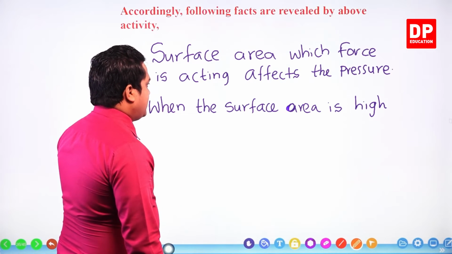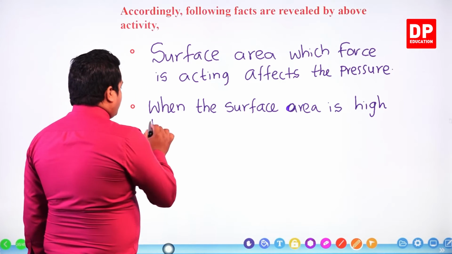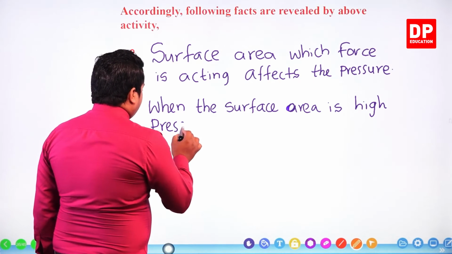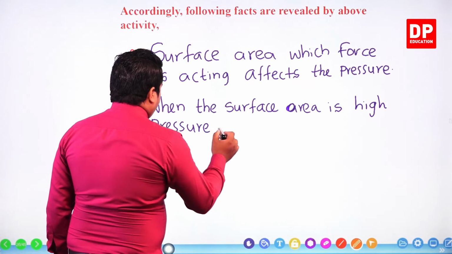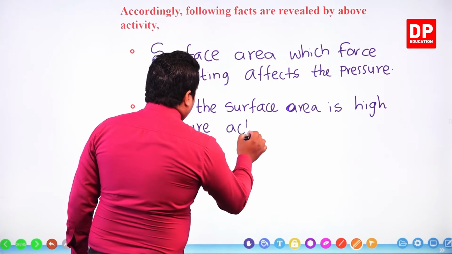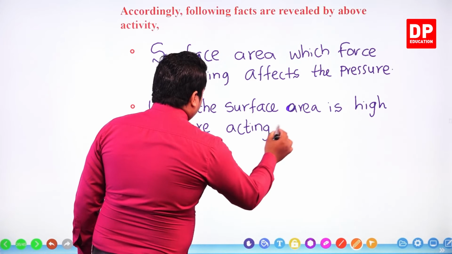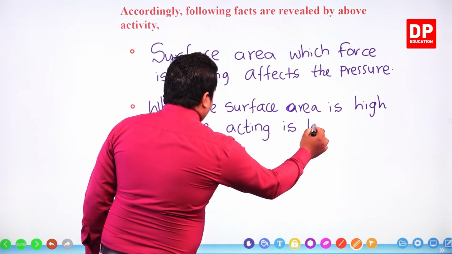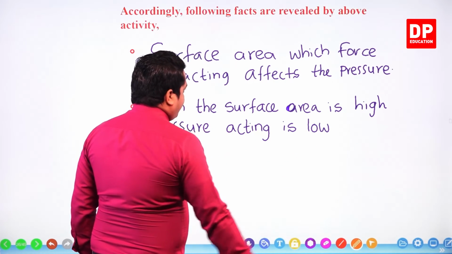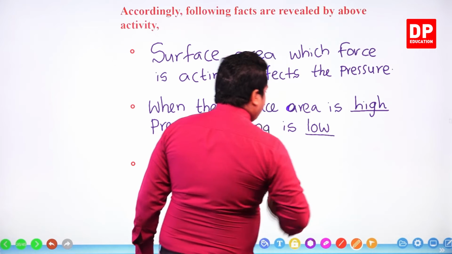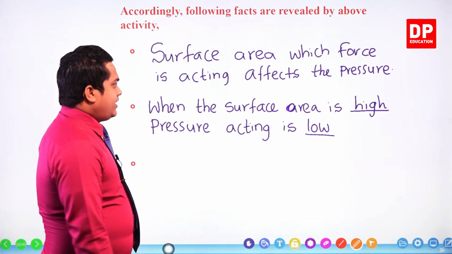When the surface area is high, pressure acting is low. When one thing is going to increase, the other decreases, right?